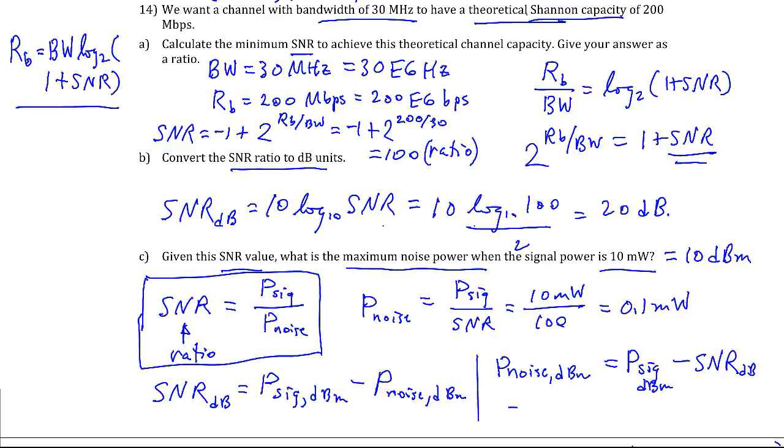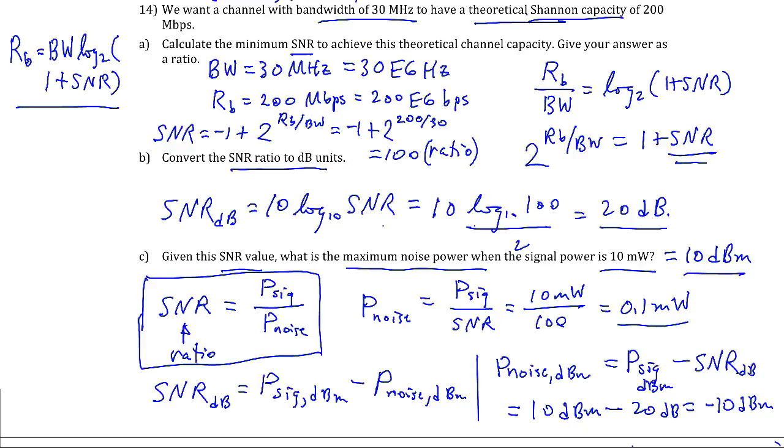My signal was 10 dBm minus the SNR in decibels, which was 20, so I get minus 10 dBm as my noise power. Minus 10 dBm is in fact equal to 0.1 milliwatt if you double check that.